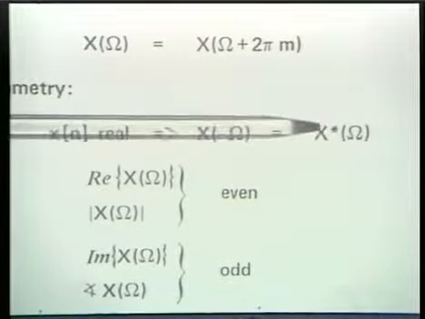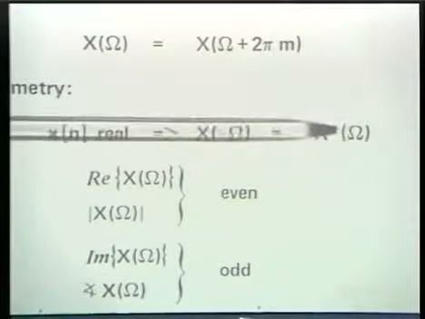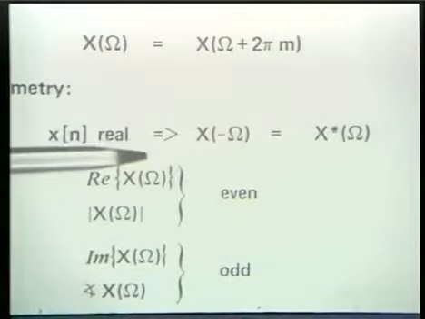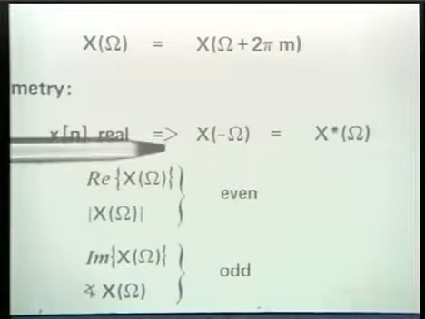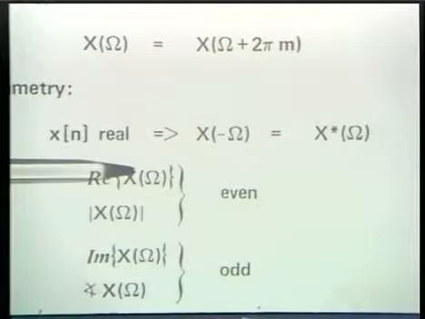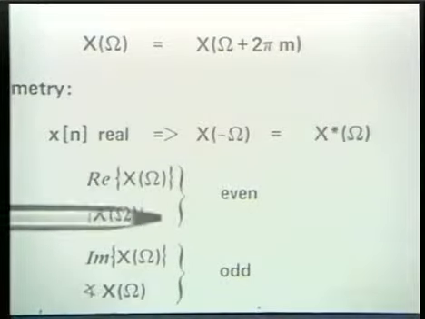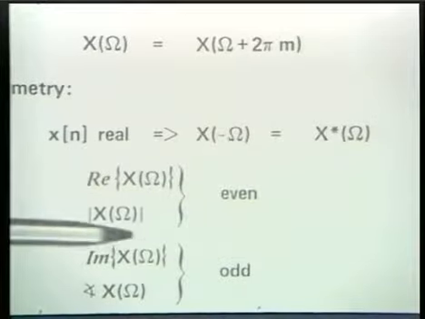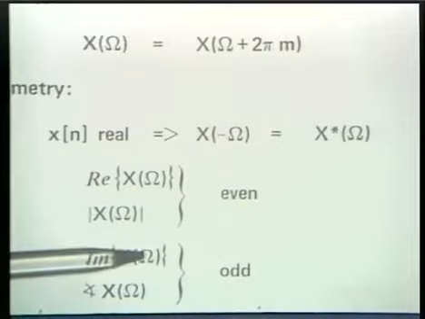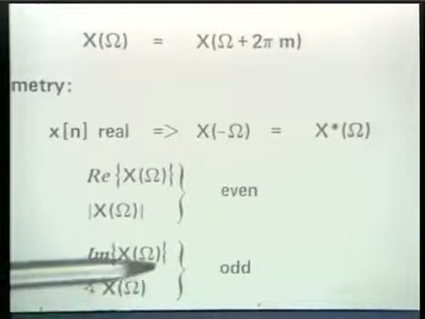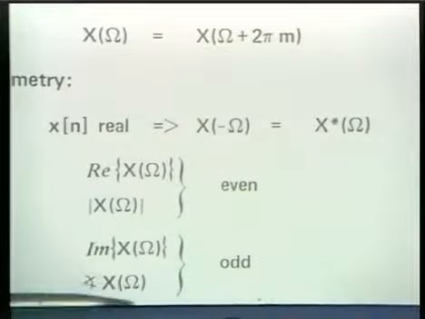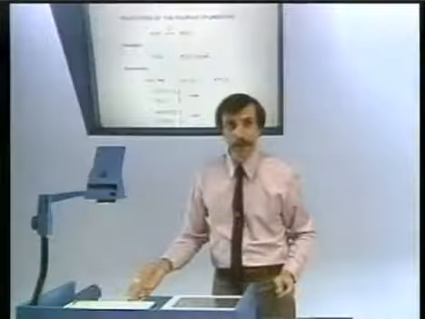And as a consequence of this conjugate symmetry, this results in a symmetry in the real part that is an even symmetry, or the magnitude has an even symmetry, whereas the imaginary part or the phase angle are both odd symmetric. And these are symmetry properties, again, that are identical to the symmetry properties that we saw in continuous time.